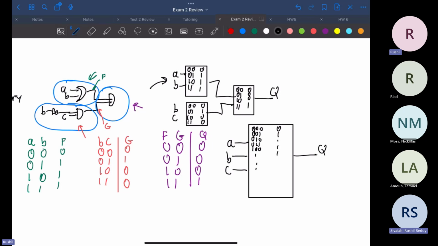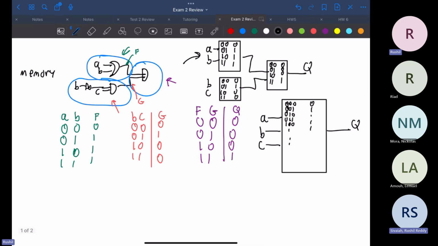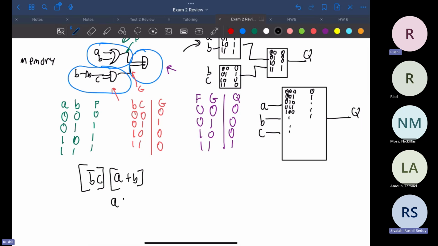The only way to really do that is to write out the equation. So this would be equal to A plus B times B naught C. If you multiply this out, that's A B naught plus B naught B C. What is B naught B?